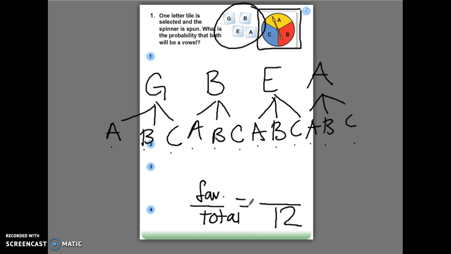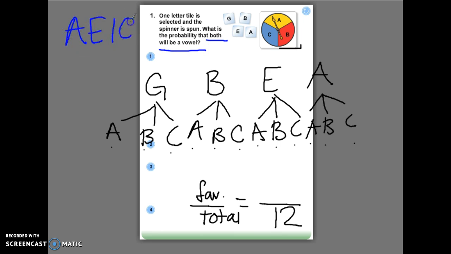So we were asked to find the probability that both will be a vowel. Well, if you remember, our vowels are A, E, I, O, and U. So if we go here, A is a vowel, but G is not. So that's not both being vowels, so that does not work. That's not both vowels. That's not both vowels.